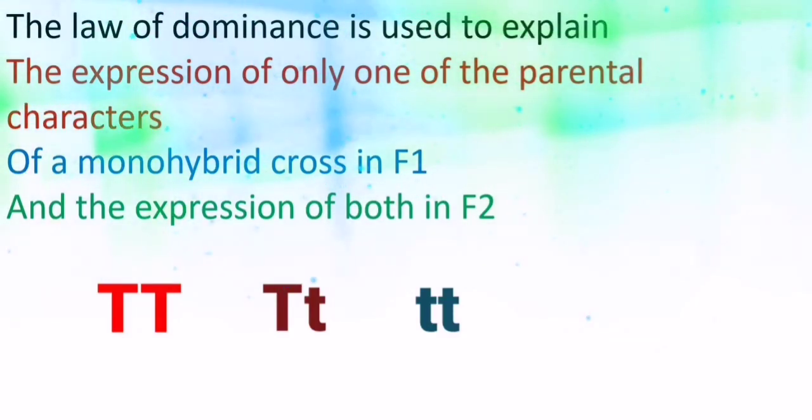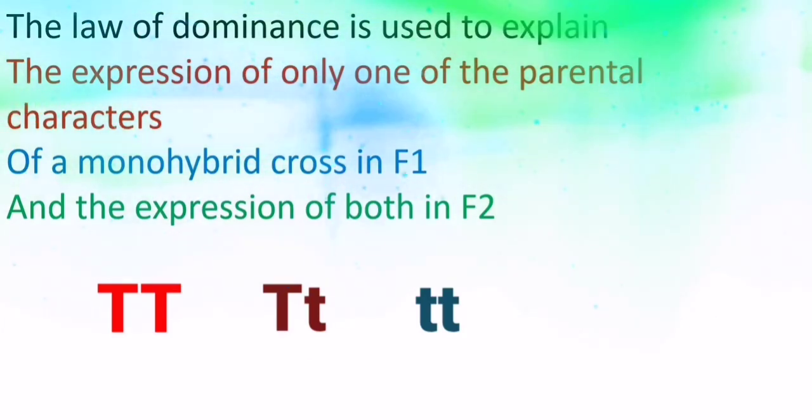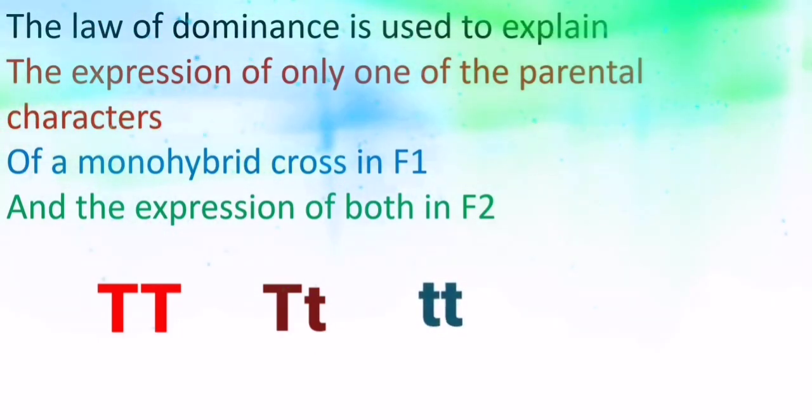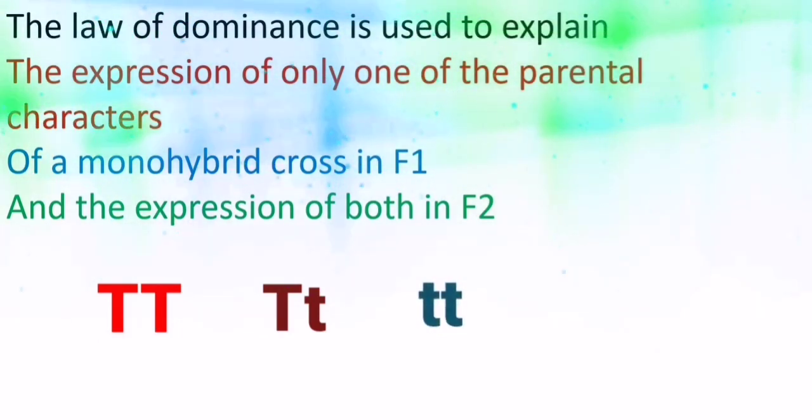You have seen both alleles express themselves in the F2 generation, especially the allele for dwarfness. It is a recessive character, but when the recessive alleles are in homozygous condition, they will express themselves. That is homozygous dwarf.